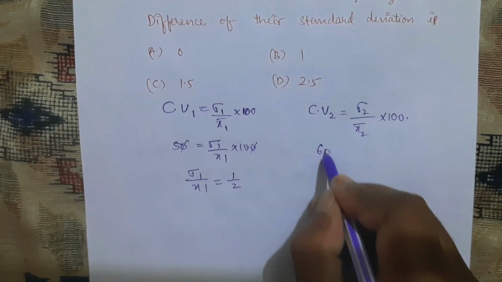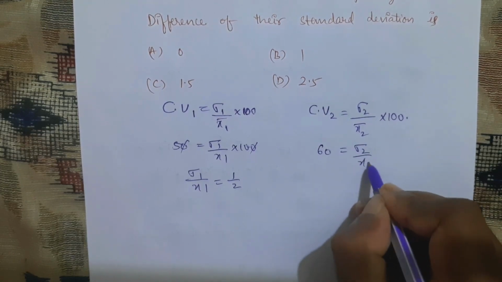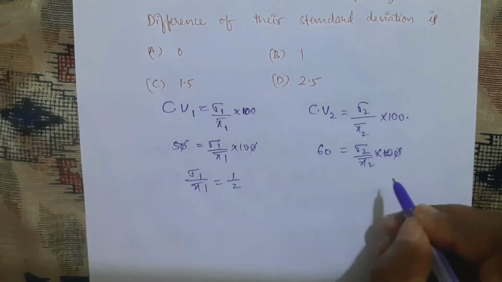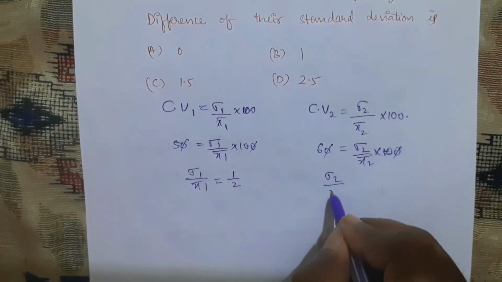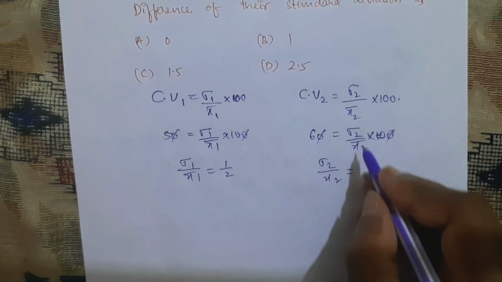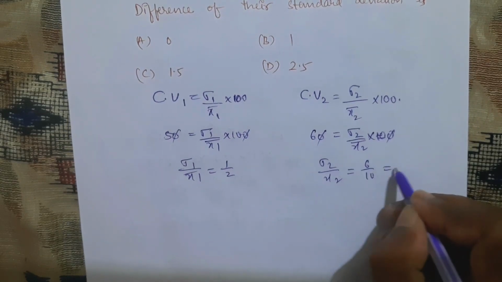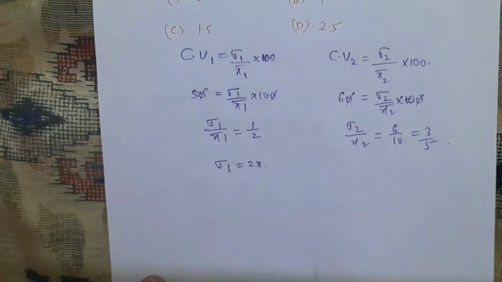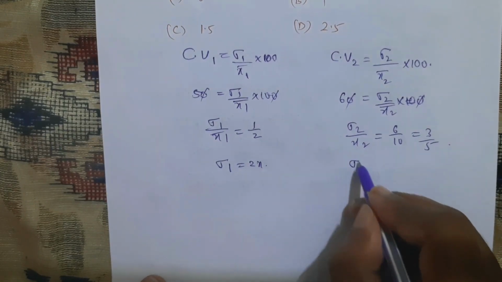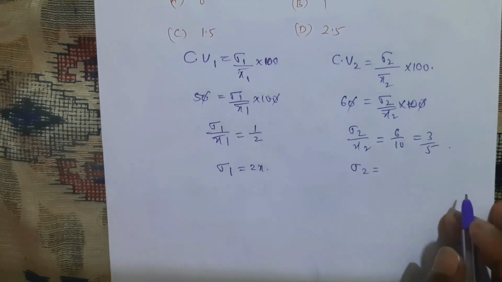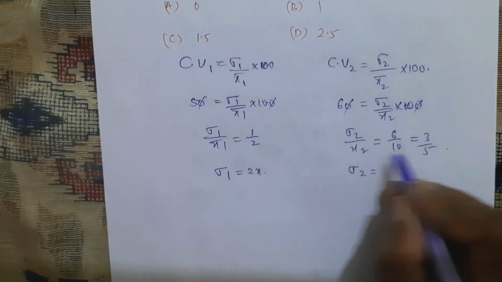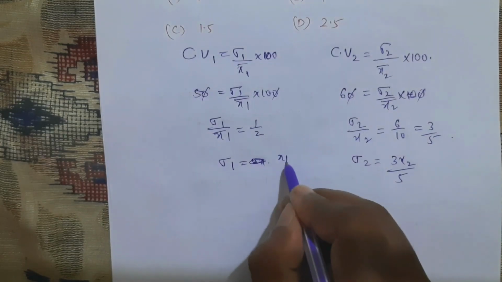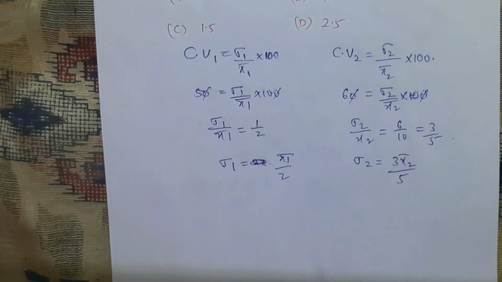Similarly this is 60% given, sigma 2 by x2 bar into 100, the 0 cancels, so sigma 2 by x2 we got is 6 by 10, which is equal to 3 by 5. Nothing but sigma 1 is equal to 2x1. Okay, here sigma 2 is equal to 3x2 by 5. Sorry, this is x1 bar by 2, and this is 3x2 bar by 5.